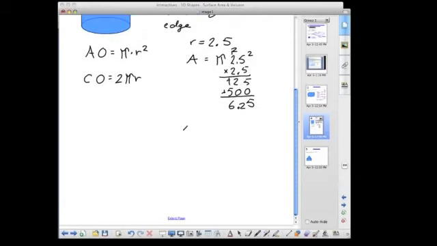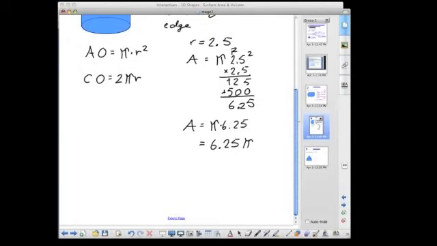So the area of my circle is equal to pi times 6.25. And it's completely acceptable to keep pi in this equation. I didn't ask you to approximate, but you do want to follow appropriate rules which say that the number goes before a symbol.